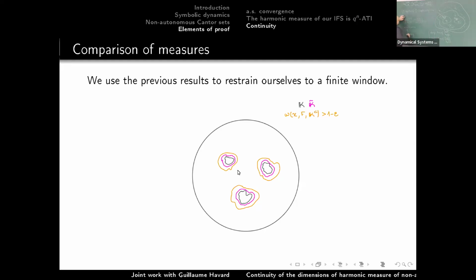I'm interested in this ratio. Suppose that x is big, for x smaller there is no problem, but for x big, I can cut x in two parts, the first window and the second window.